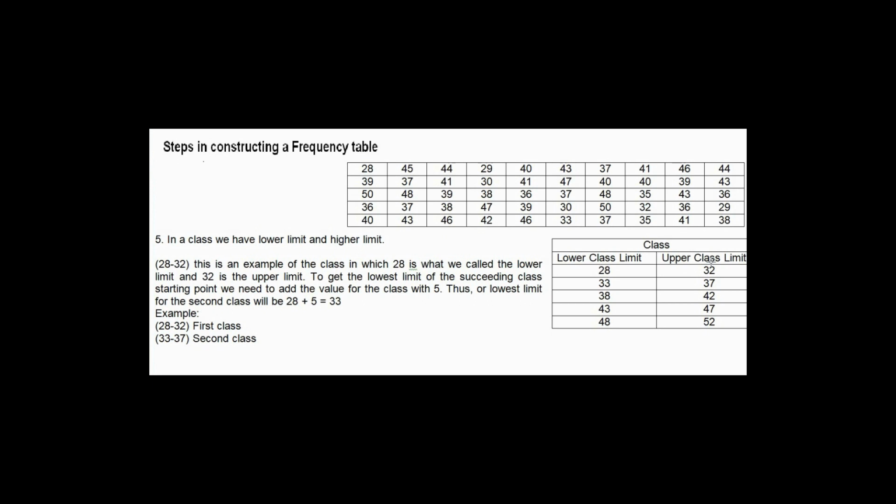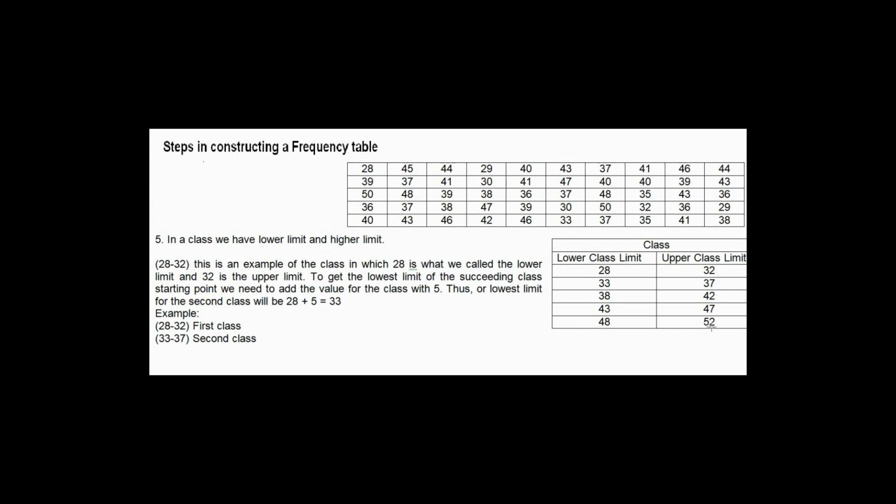In the same process as the lower class limit, we will add 5 to get the next upper class limit of the second class. So 32 plus 5 is 37, plus 5 is 42, plus 5 is 47, plus 5 is 52.